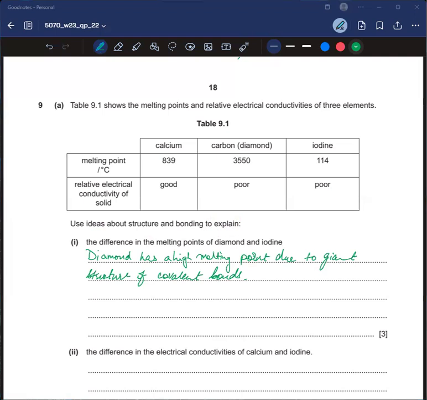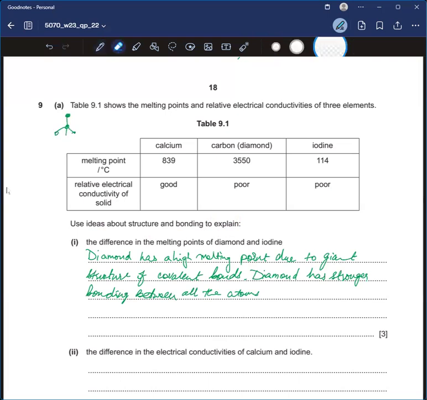Diamond has stronger bonding between all the atoms, because diamond has a shape something like this.